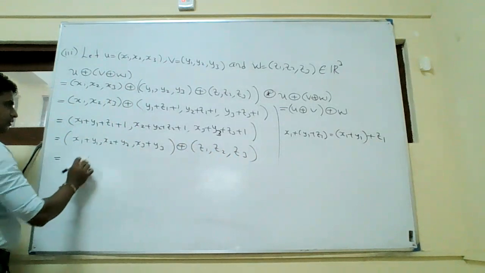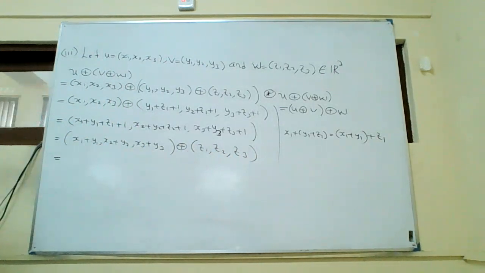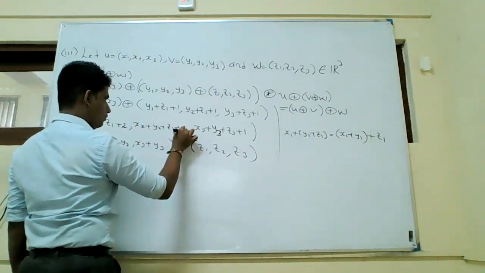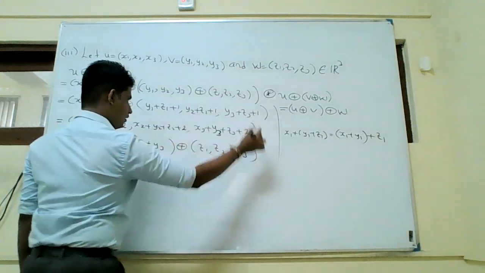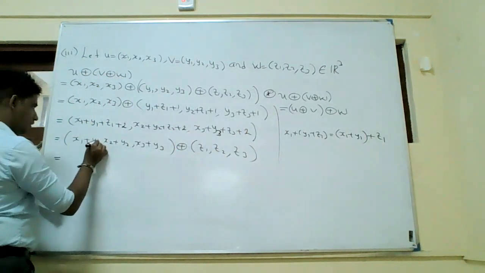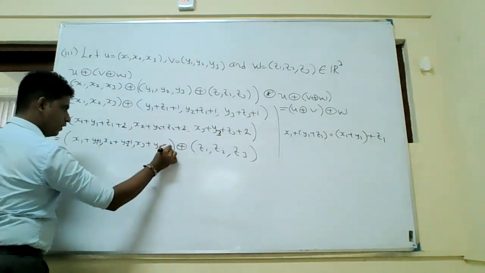This one means x1 plus y1, sorry, here it is x2. Important, it's 2. Okay, don't worry. Then here you want that 1. Here also 1. Here also 1. It's okay, right? No problem.